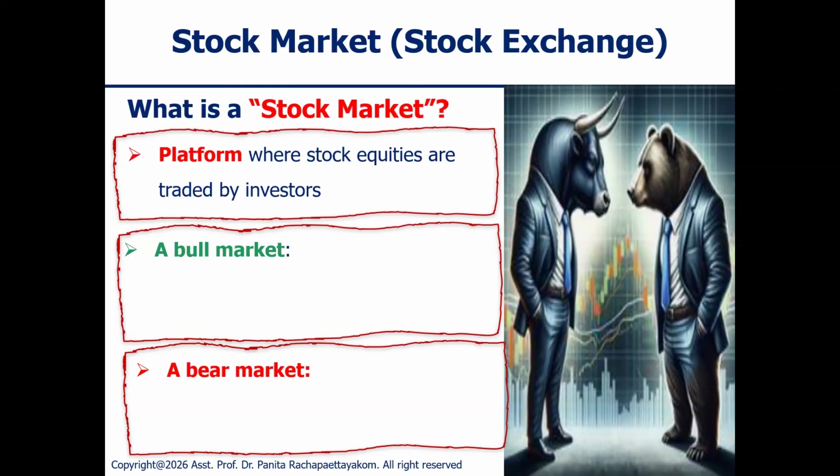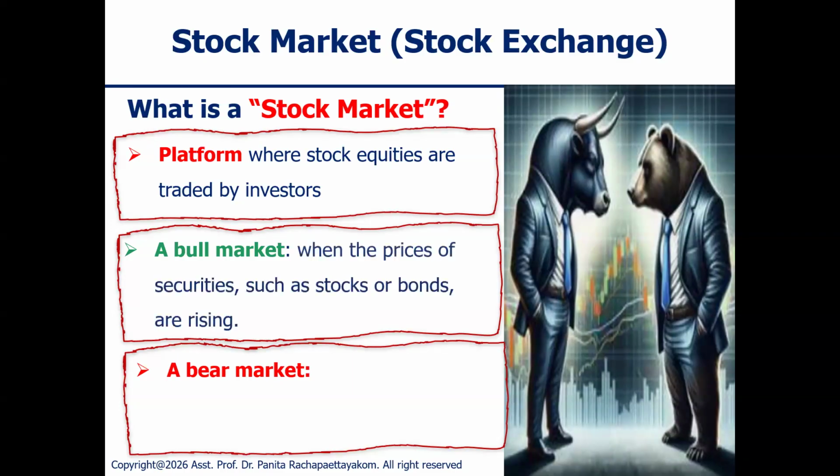A technical term I would love to introduce to you is the bull market. What is a bull market? A bull market happens when the prices of securities such as stocks or bonds are rising.